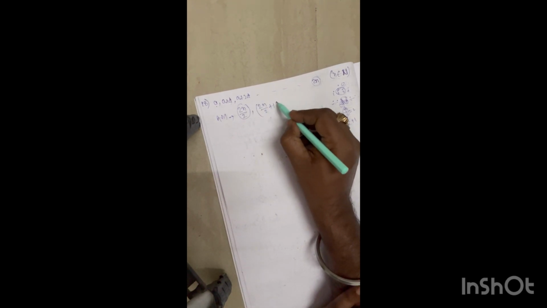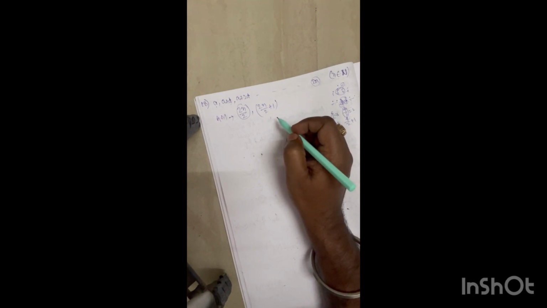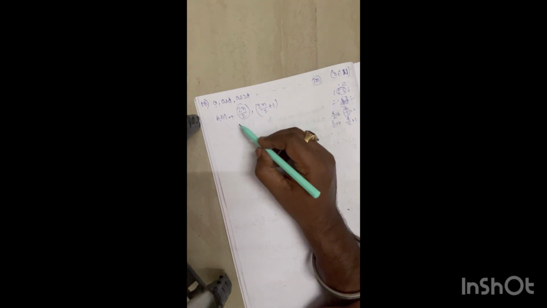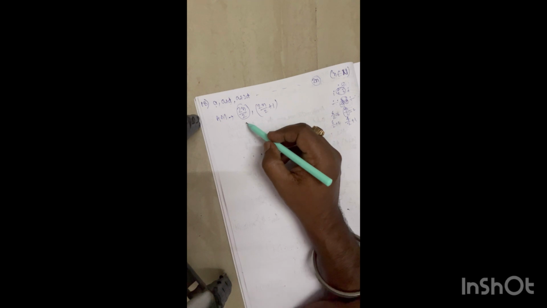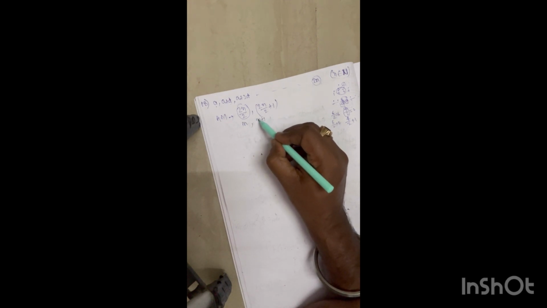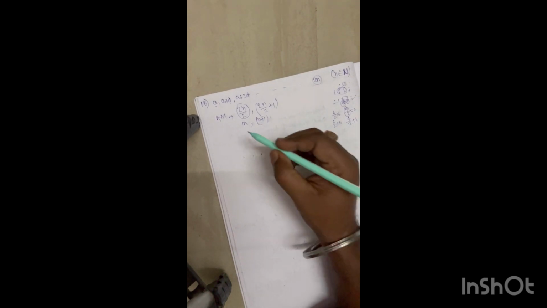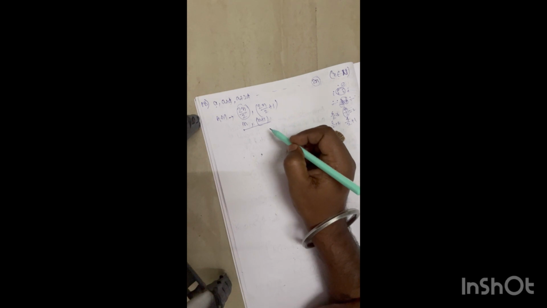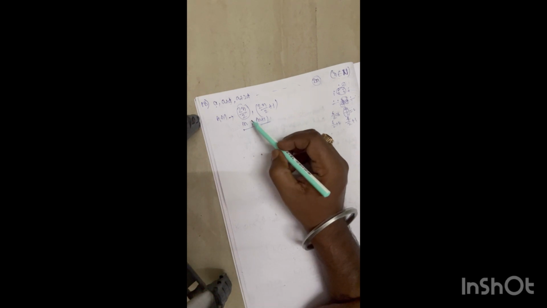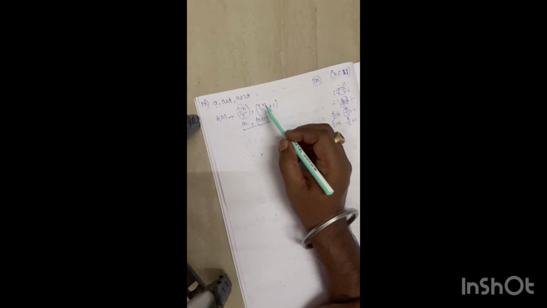If I simplify, these are the n-th and n plus 1-th terms for any even number of terms in the AP. These are the two consecutive means that lie in the center of the series.